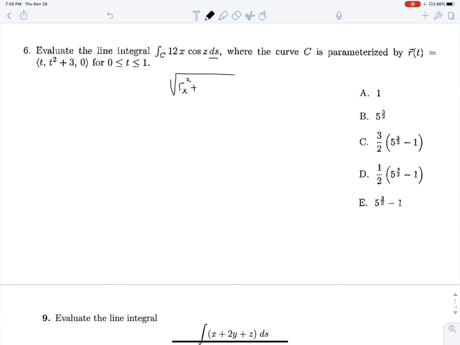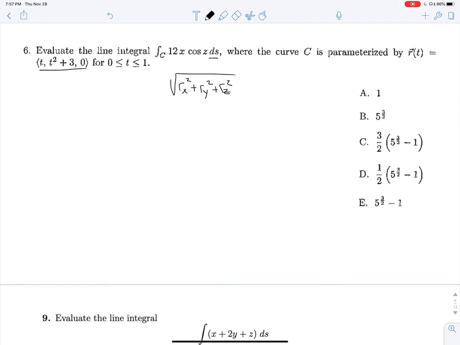rx squared plus ry squared plus rz squared, where rx, ry, and rz are the partial derivatives of, well, I should be specific.